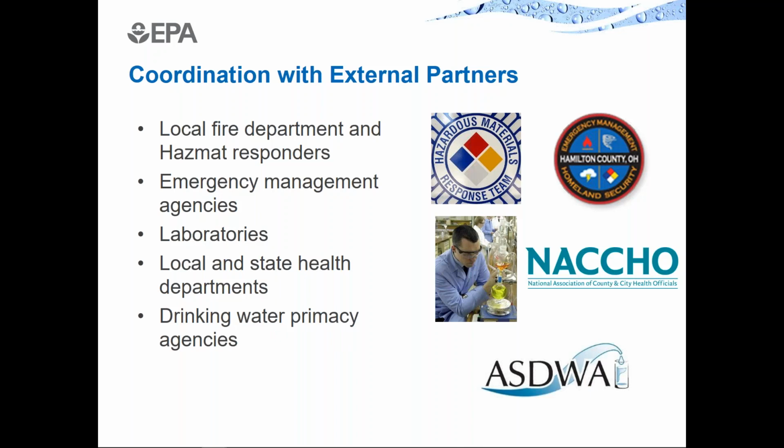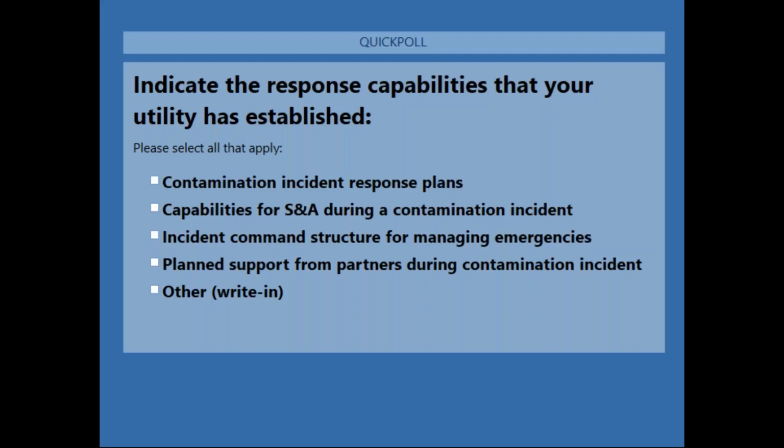And with that introduction to the response partners, let's open up another poll question. Oops, sorry, went too far. So with the previous question, we asked about the surveillance components. Now we want to know about your utility's response capabilities. So please click the capabilities your utility currently has to respond to a contamination incident.